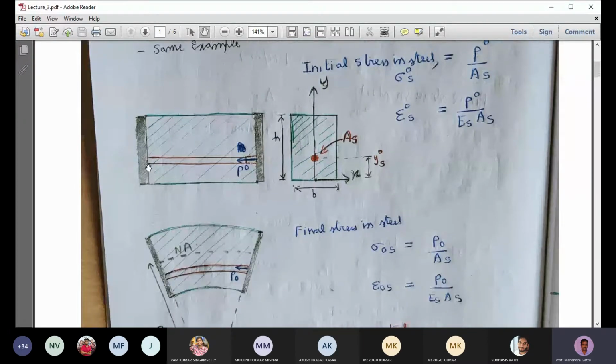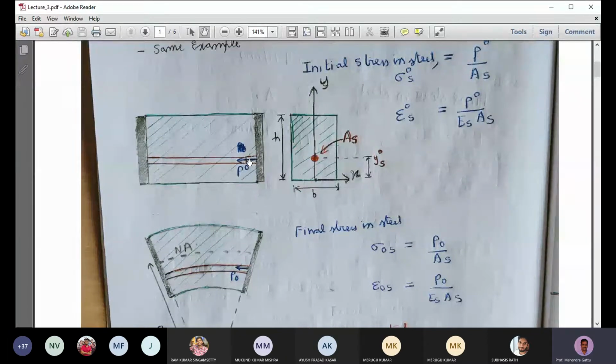So we have a beam. This beam is made of concrete, and we have this steel tendon. Initially we have only the steel tendon of some given length, and then we apply a tensile load on the tendon. As a result, the tendon will extend by some small amount.